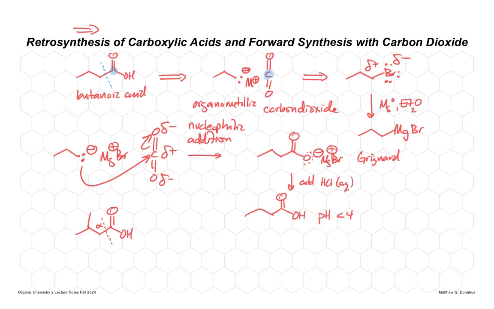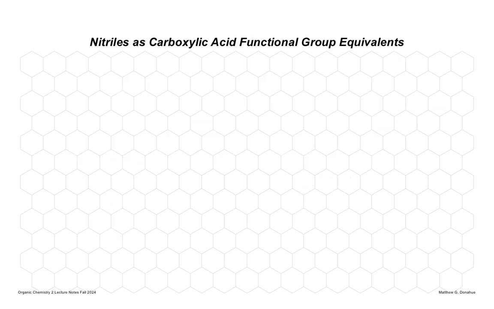So on the next slide, we'll show a complementary method where the polarity of the reagents is reversed. The carbon that ends up being the acid will come from a nitrile. So we'll keep the same butanoic acid.